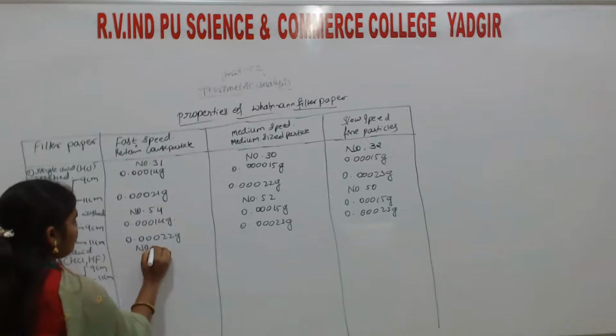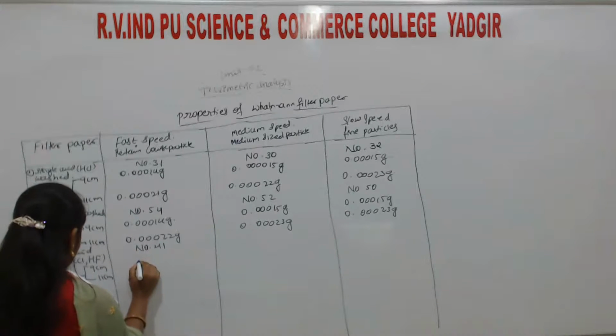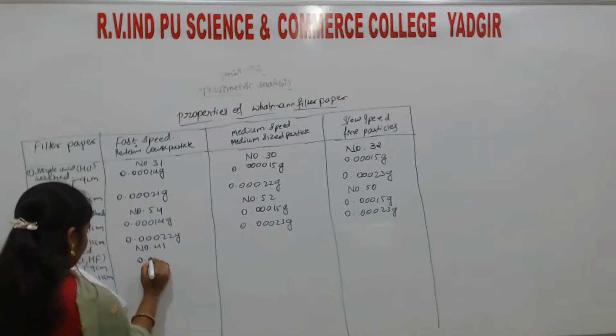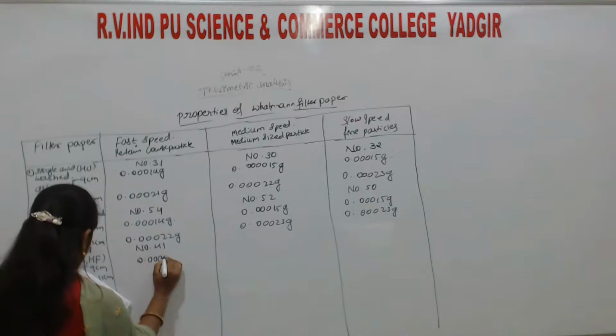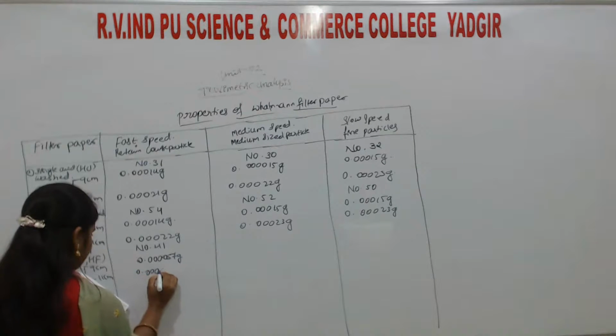Number 41 has ash of 0.41057 gram and 0.408 gram.